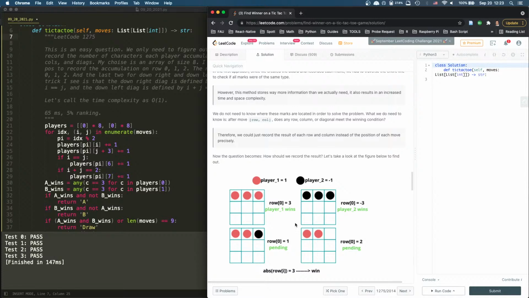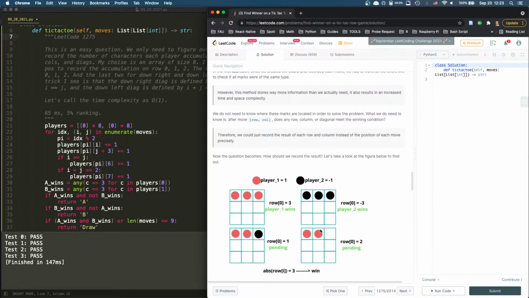This is interesting. So we keep a +1 or -1.